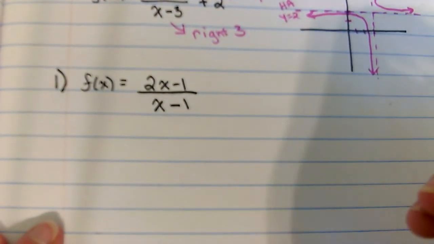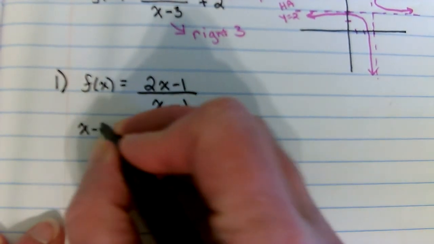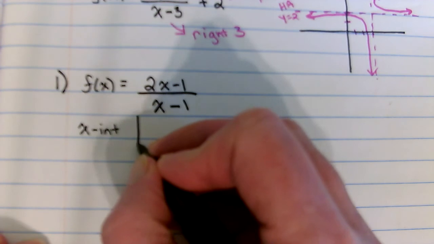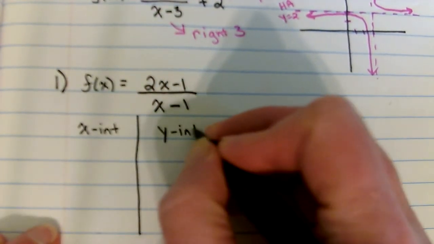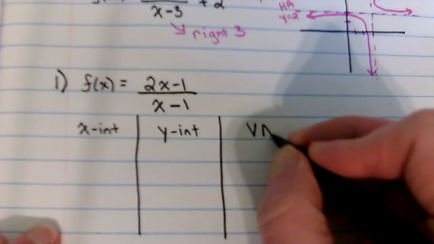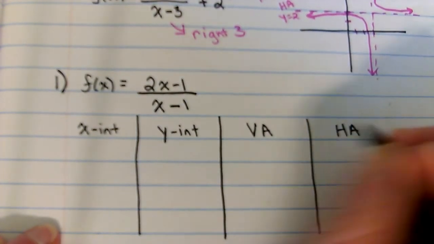Okay. Let's find all the goodies. So I'm going to break it down. We're going to find our x-intercept, our y-intercept, our vertical asymptote, and our horizontal asymptote.